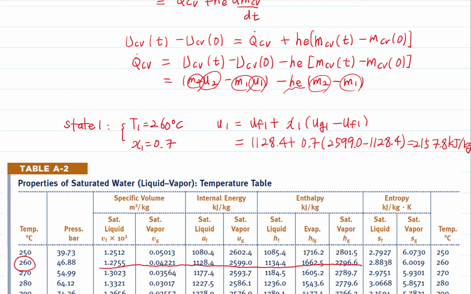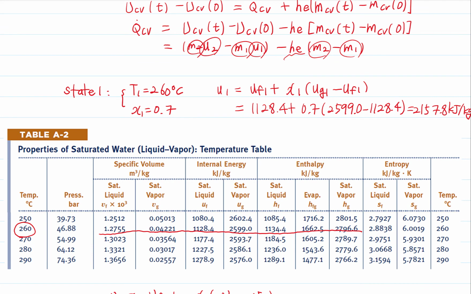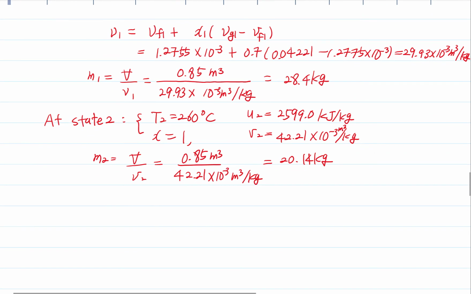The only unknown is the enthalpy leaving the tank. So what we are going to assume is the uniform flow process, so the properties of the fluid leaving the system are uniform and steady. So we are going to determine h_e, the enthalpy of the fluid leaving the system.